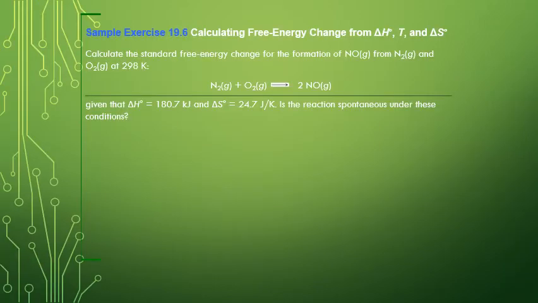All right, so let's now take a look at a problem where we're actually calculating the delta G and determining the thermodynamic favorability of a reaction based on the values for enthalpies and entropies. So for my equation, delta G equals delta H minus T delta S. Please remember, again, I have a very endothermic reaction, so I have a positive value for delta H. I have a positive value for delta S. Notice the units here are in kilojoules and joules, so I do need to convert from the joules into kilojoules for this particular reaction.